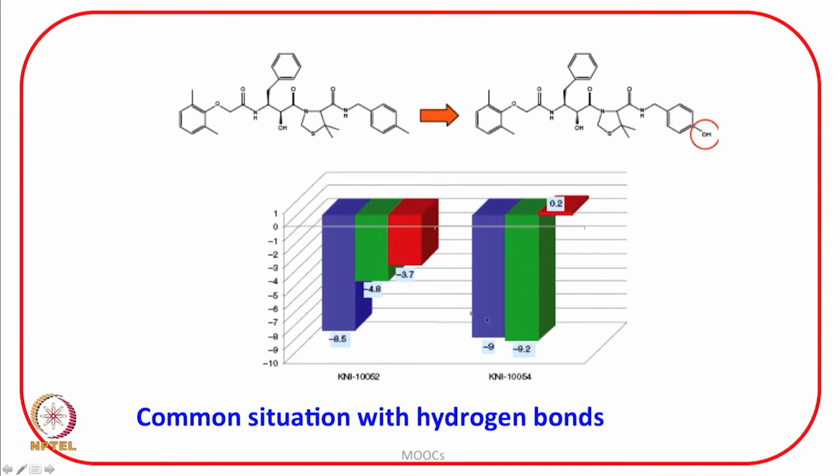And this is what is exactly called enthalpy entropy compensation. But nevertheless, if we are interested in achieving more exothermicity in the binding, this example suggests that the way to go is to introduce more polar character into the molecule.